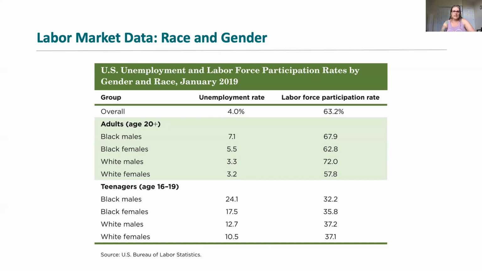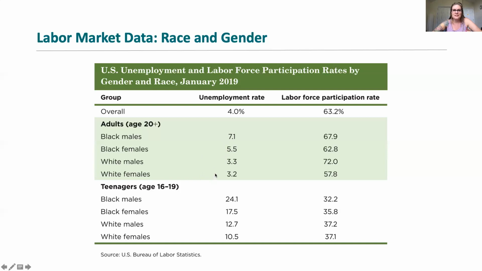And we can see that, for example, if we were to compare Black males with white males, the Black male unemployment rate is more than double the white male unemployment rate. Similarly, there's not as big of a difference, but it is a significant difference that Black females are also unemployed at a higher rate than white females.